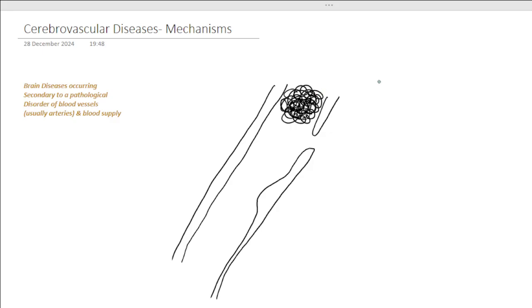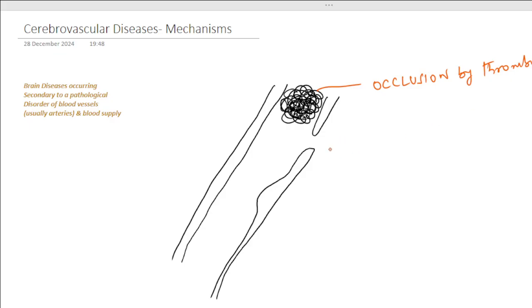Just 1 minute, I'll take the pointed pen. So what is this? This is a thrombus inside the blood vessel. So occlusion by thrombus or embolus.